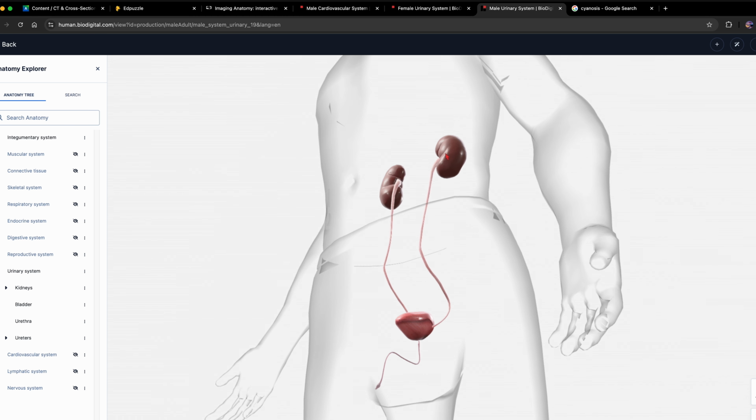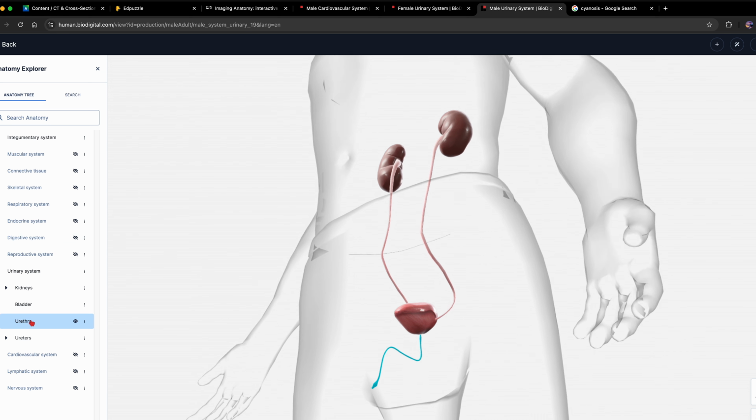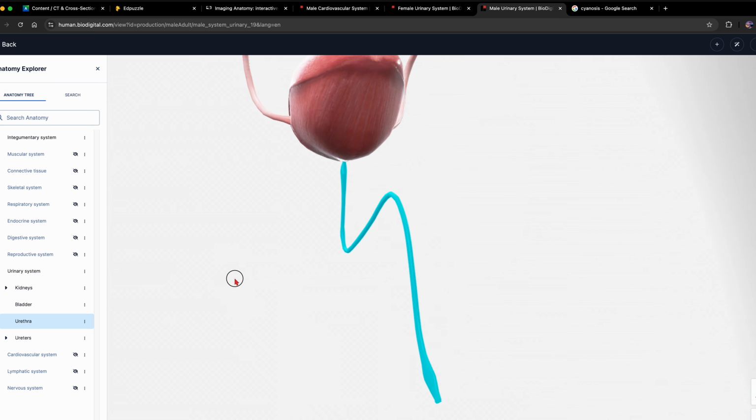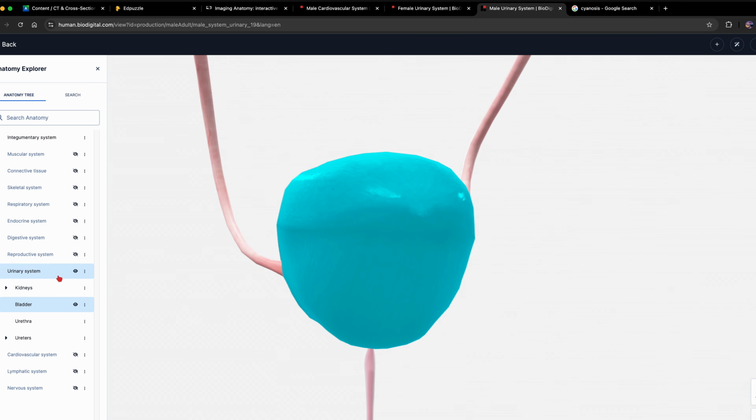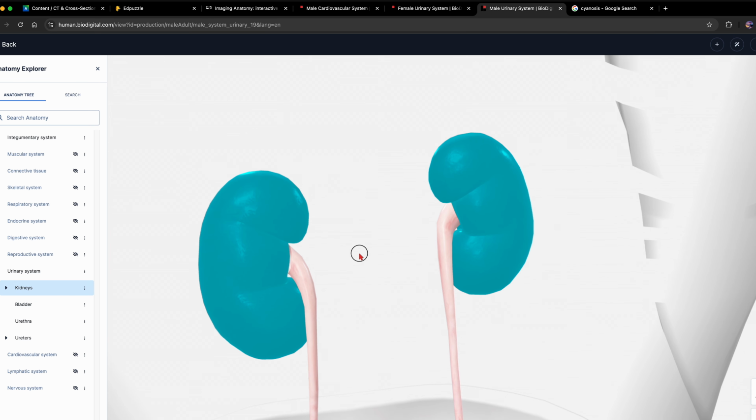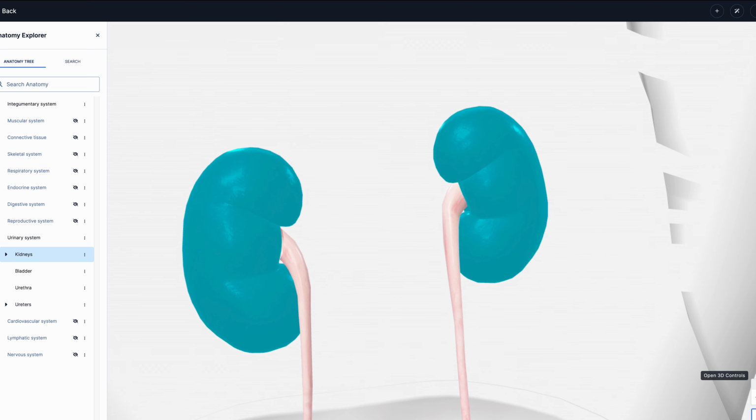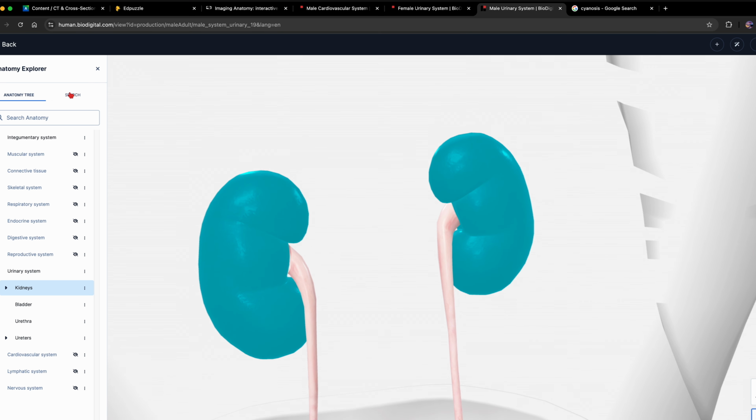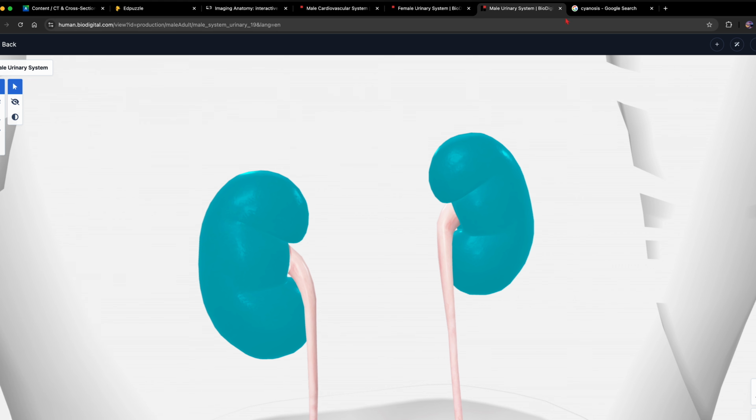And so that's the kidneys, that's the ureters, that's the bladder, that's the urethra, right there. And that's the bladder, and those are the kidneys. Let's close that up.